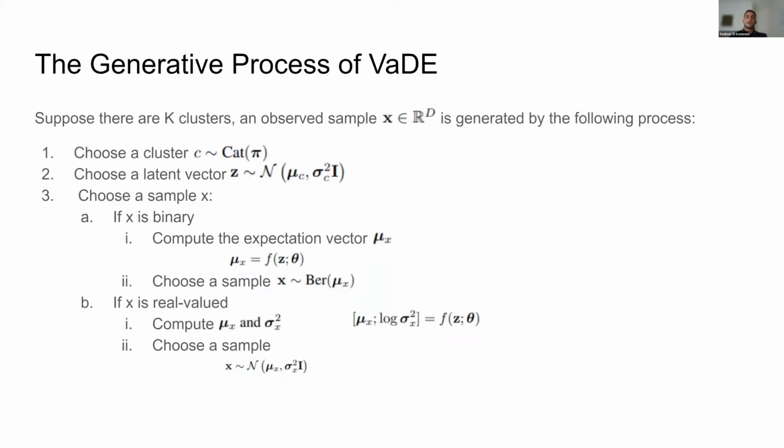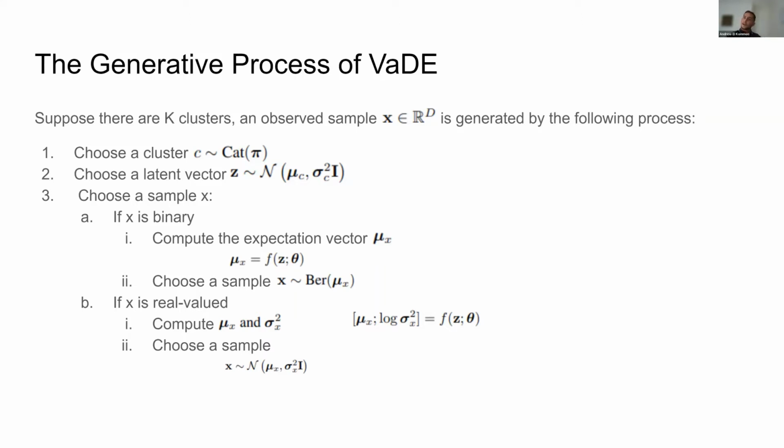And so we also have to look at how this variational deep embedding can generate data. We suppose that there are K clusters in our data set, and we want to generate an observed sample X from a range in that dimension. First we choose a cluster, and then we choose a latent vector, which describes the cluster in terms of statistical measurements, the mean and the standard deviation of the cluster.